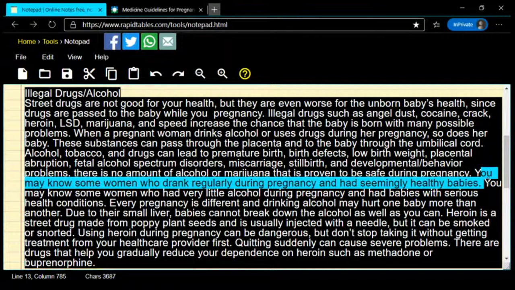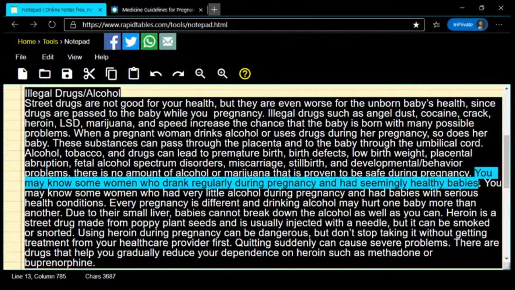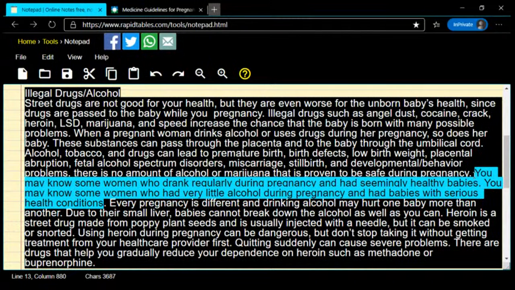You may know some women who drink regularly during pregnancy and have seemingly healthy babies, and others who drink a little alcohol and have babies with serious conditions.